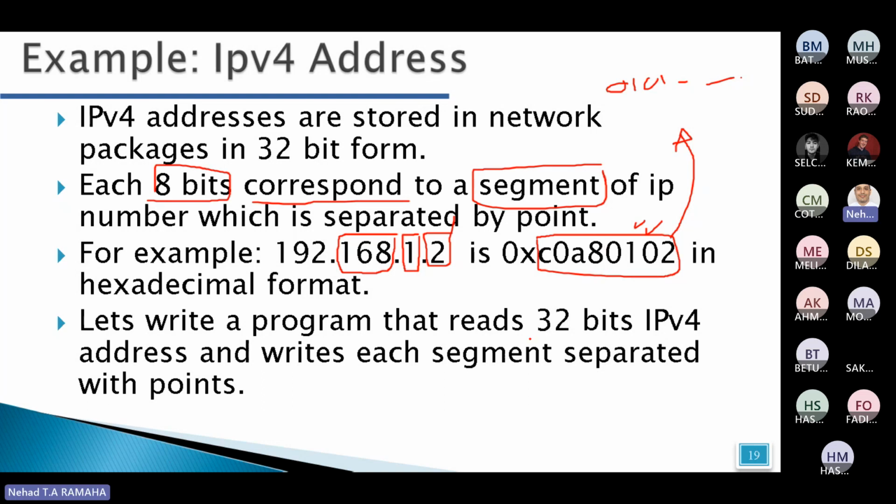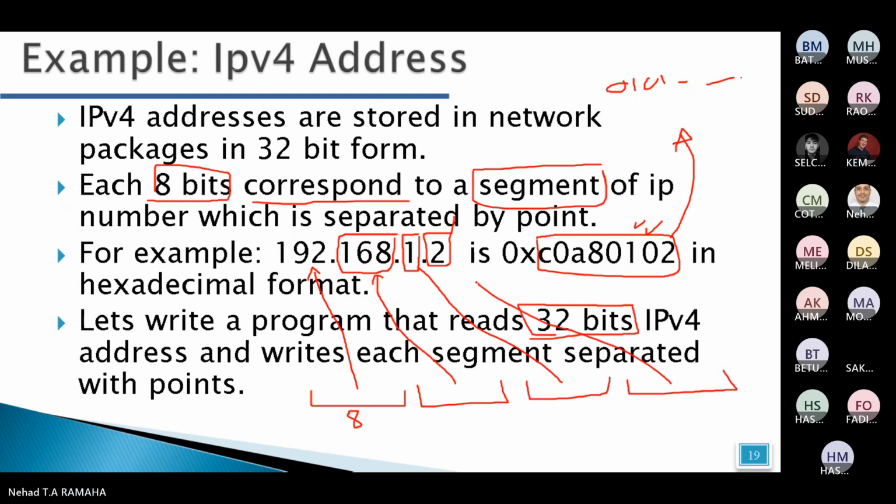The IP address will actually be 32 bits. Each 8 bits corresponds to a segment. The other 8 bits are the other segment. Another 8 bits, another segment, and another 8 bits, the 4th segment.